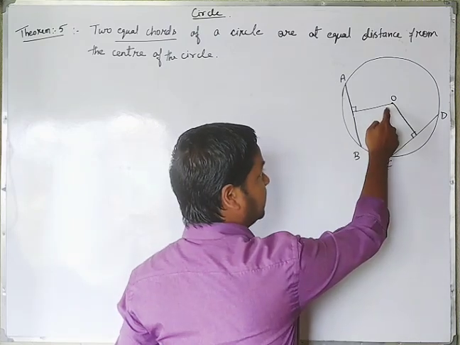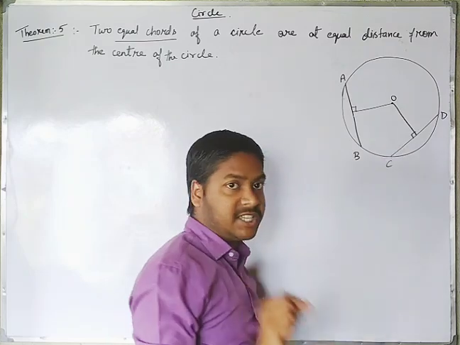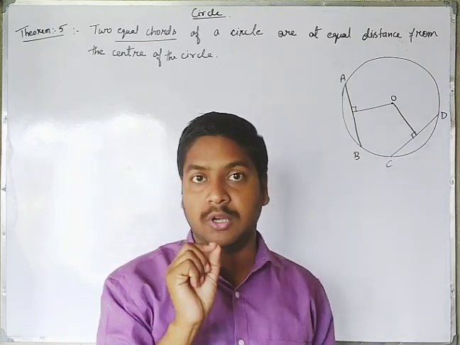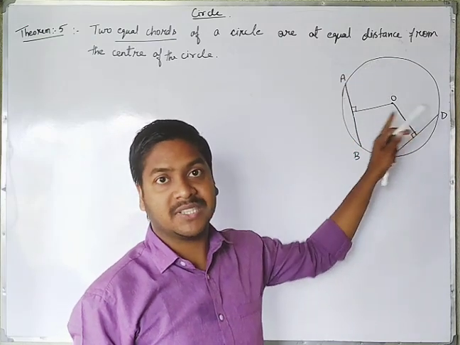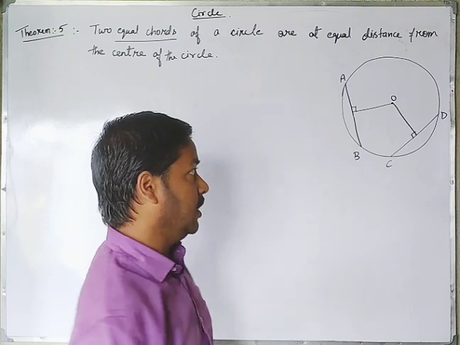Distance always means perpendicular distance. So the distance of these chords from the center must be equal.